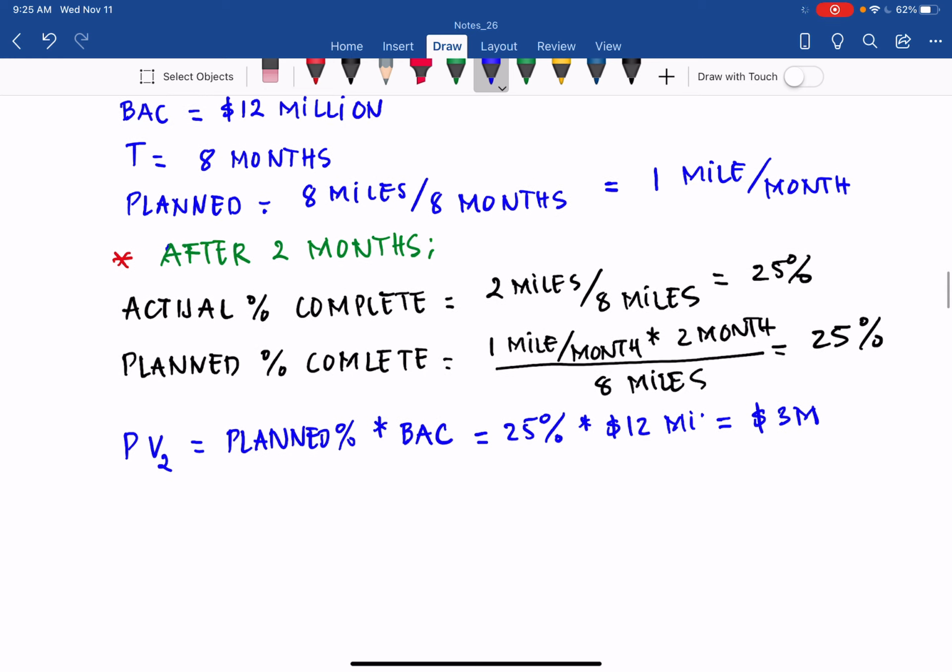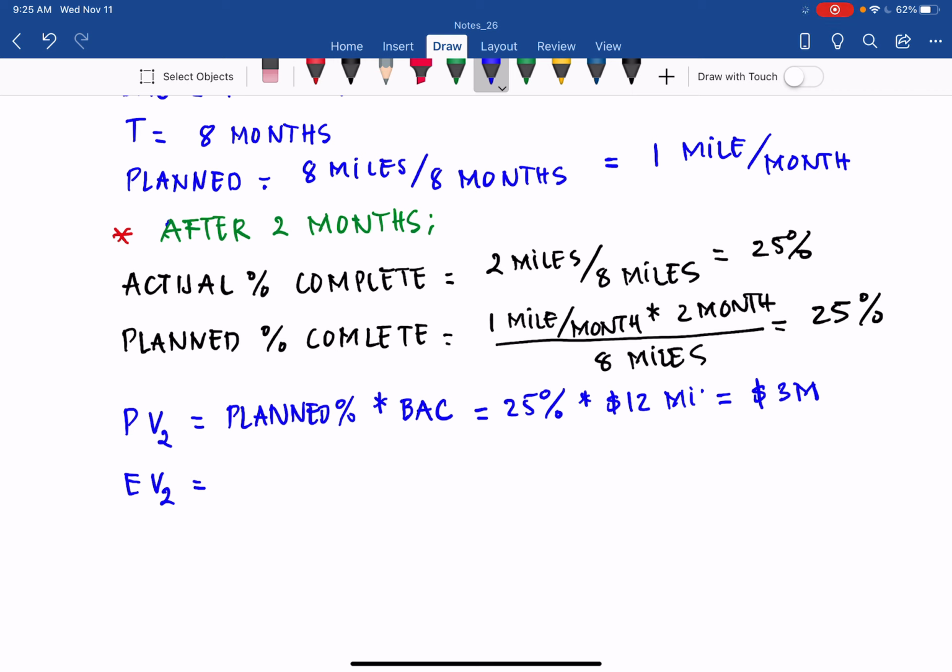Similarly, we can determine the earned value. Based on the matrix you learned in the last lessons, it is equal to the actual percent complete, actual work, times the planned budget.